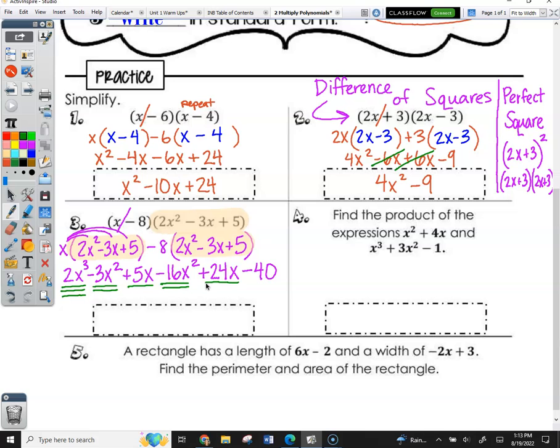So what has to be in the front? 2x cubed, right, Harmony? 2x cubed goes in front. The squareds will combine. You got negative 3 minus 16. Good. Then the single. Good. And then bring that down. All right, you try 4.